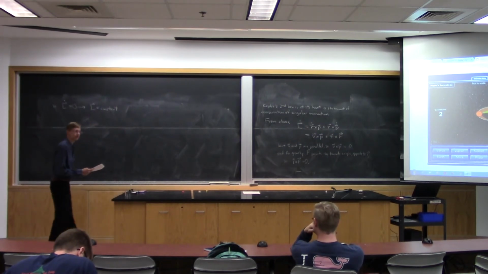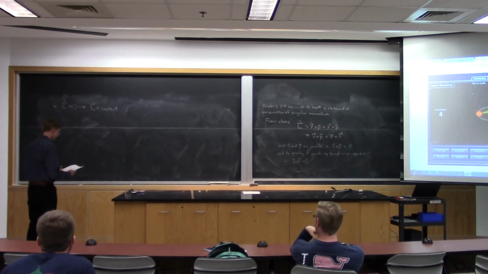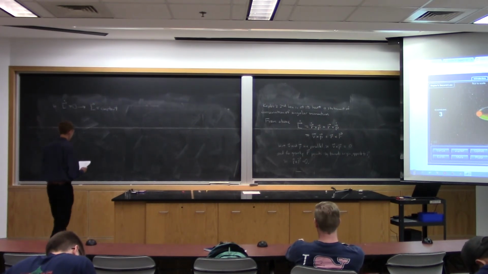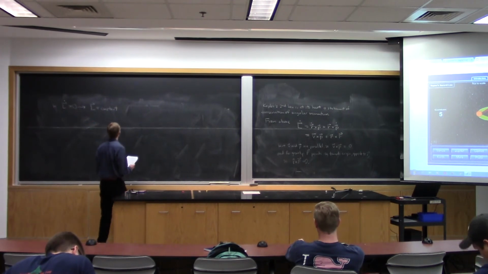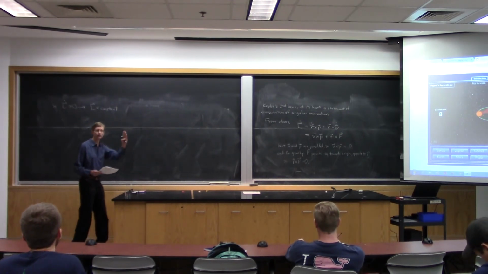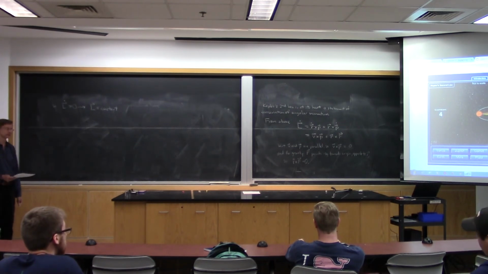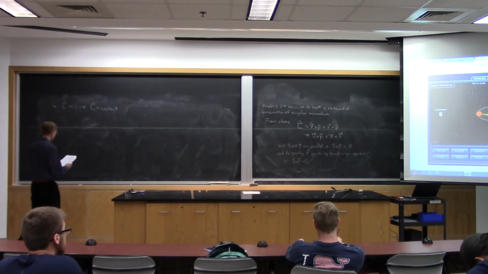L dot is 0, which means L is a constant. That'll be true for any central force, any force which points towards or away from the origin directly. It doesn't have to be inverse square law.